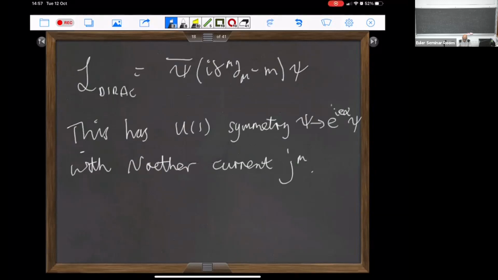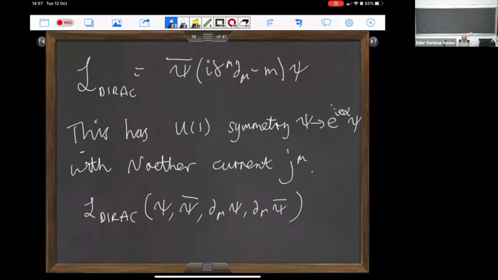And that allows us to introduce the Lagrangian for the Dirac equation, which we now think of as a function of psi, psi bar, d mu psi, d mu psi bar.